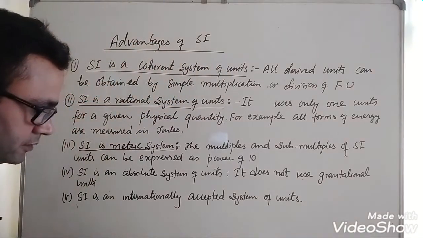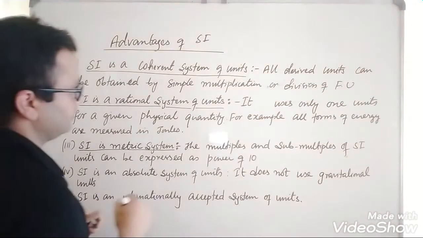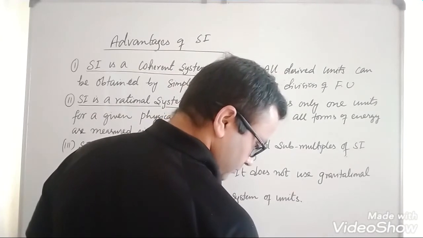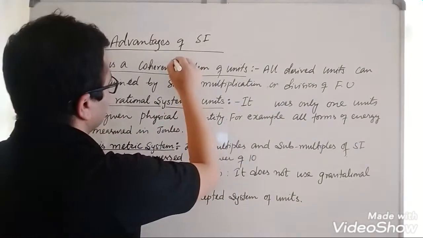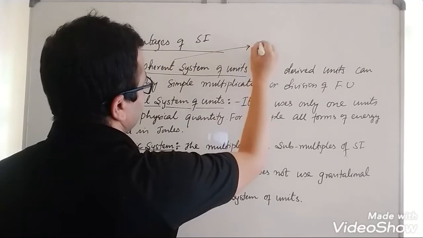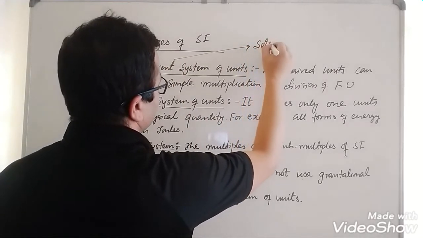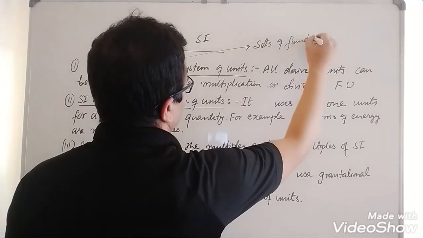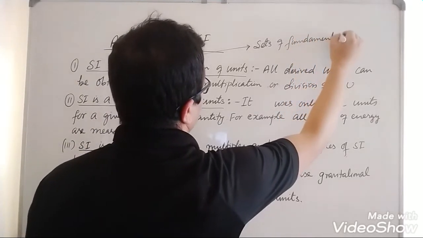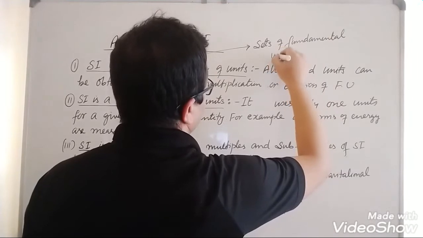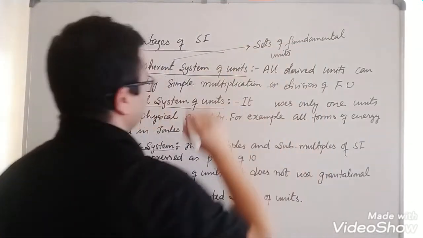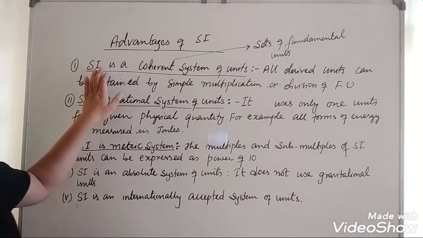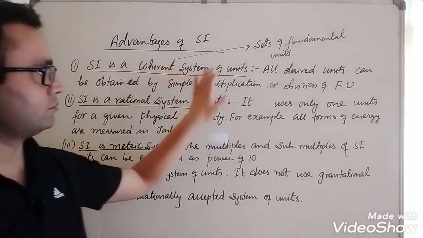A coherent system of units means it is based on a set of fundamental units. So SI is a coherent system of units.